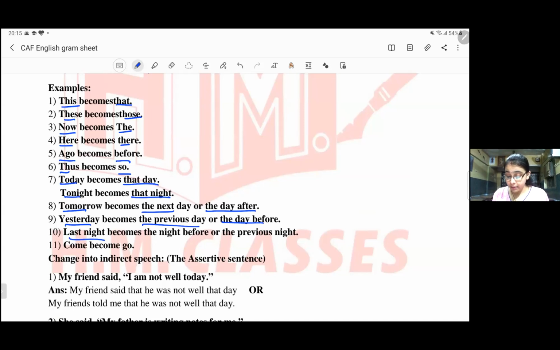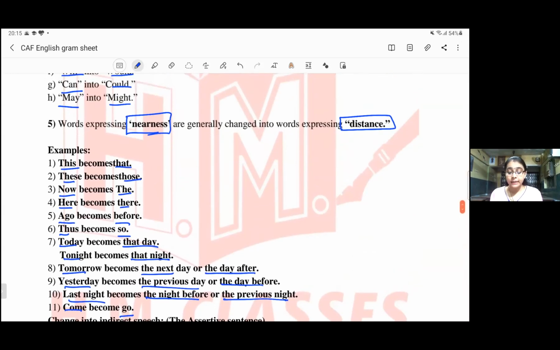Last night becomes the night before or the previous night. Come, go. These are the words expressing nearness, and it will be changed into words expressing distance. Clear?